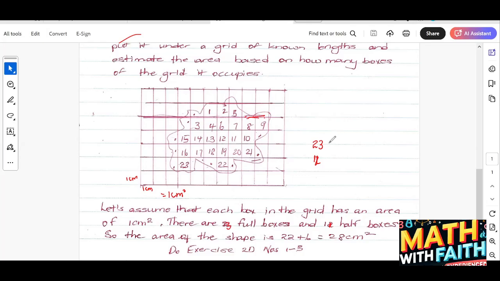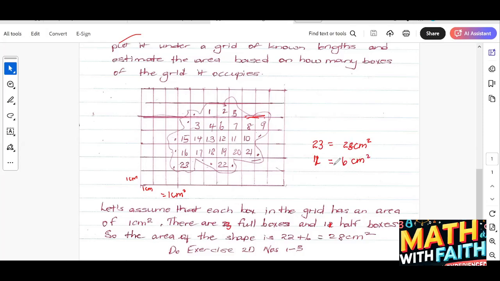So these two quarters make a half. So 23 boxes by 1 is 23 centimeters squared. And 12 by 0.5 centimeters squared, because it's half filled, so it's like 6 filled boxes. So that's 6 centimeters squared.